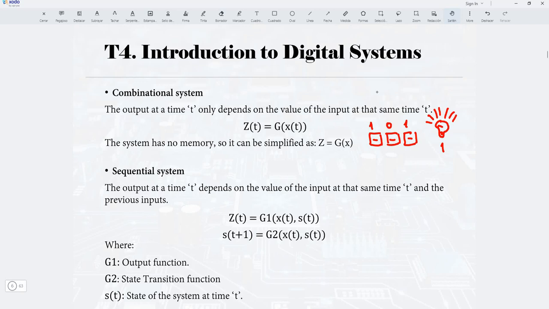In a sequential system, the output doesn't only depend on the input, but it also depends on the time. On the time means that it depends on the state, on the current state of the system. For example, imagine that we are going to use an elevator. These are the gates, and we have the button to call the elevator.